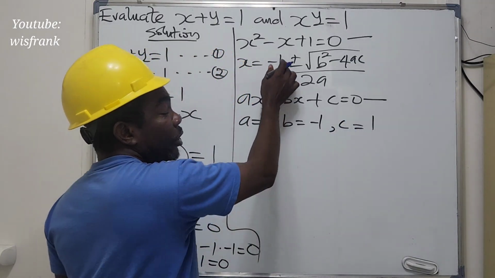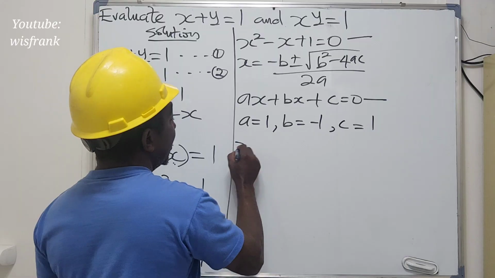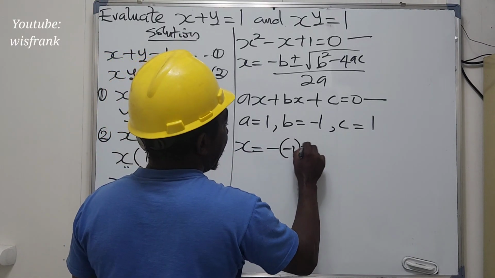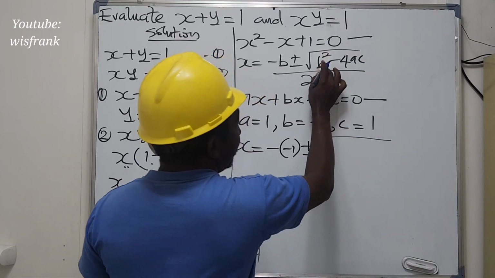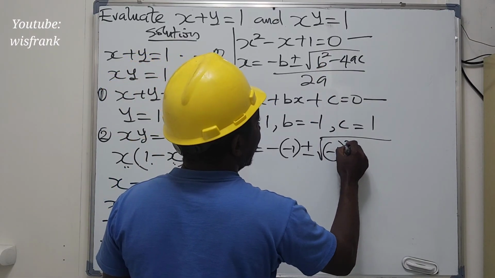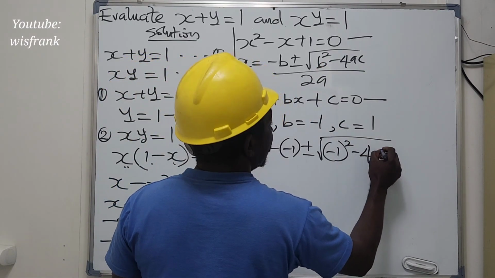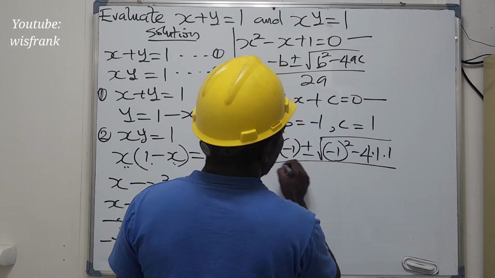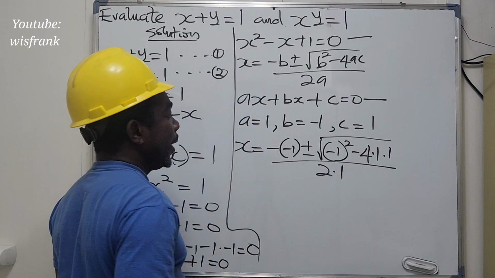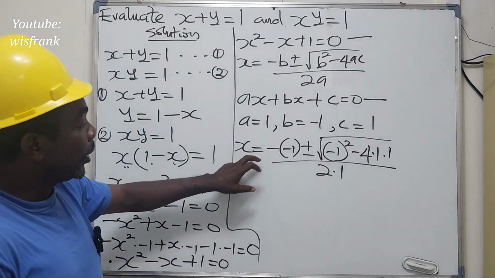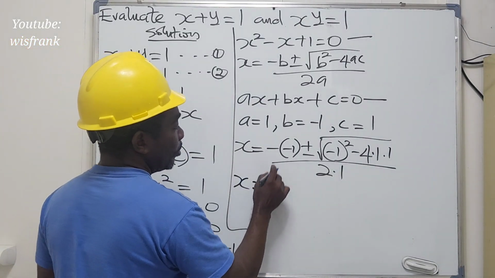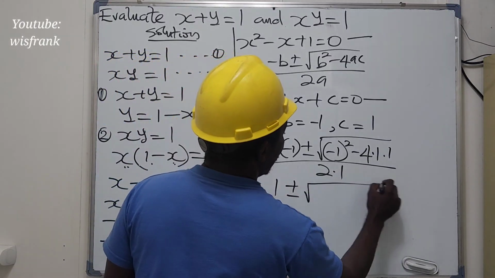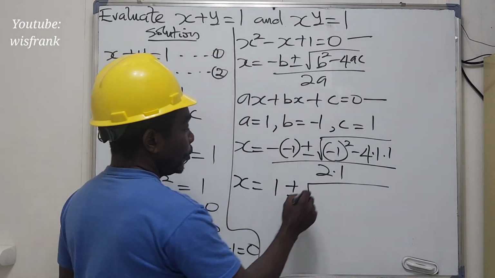Substituting these parameters into this quadratic formula, we have x equals minus b, which is minus times minus 1, then plus or minus square root of b squared, this is minus 1 all to the power of 2, minus 4a, which is 1, times our c, which is 1, all over 2 times 1. Our a still remains 1. So in this case, our value of x equals minus times minus 1 is 1, plus or minus square root of minus 1 to the power of 2 is 1.